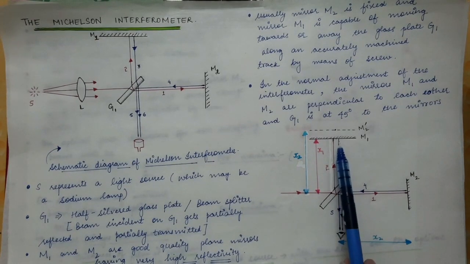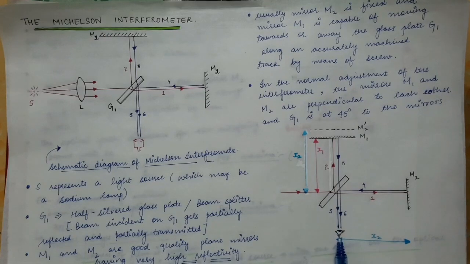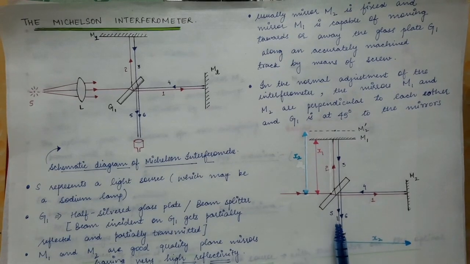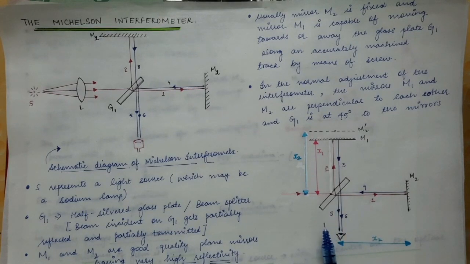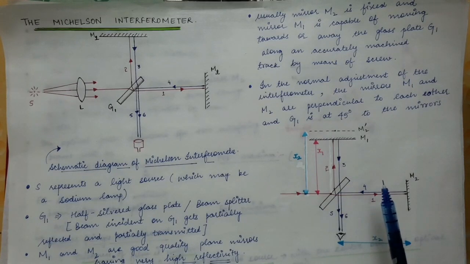Ray 3 will just get transmitted through the glass plate and reach the eye, whereas ray 5 comes after reflection from the rear side of the glass plate. Since this is a glass plate, it will have a refractive index which will obviously be greater than air, or the surroundings.